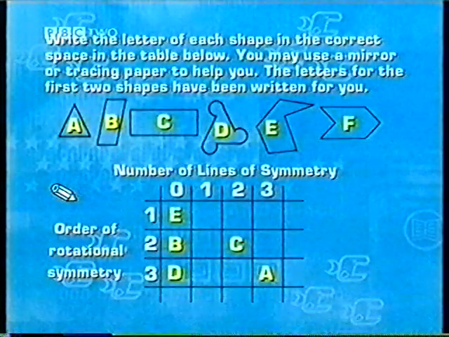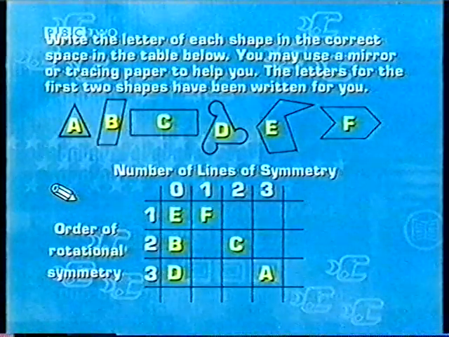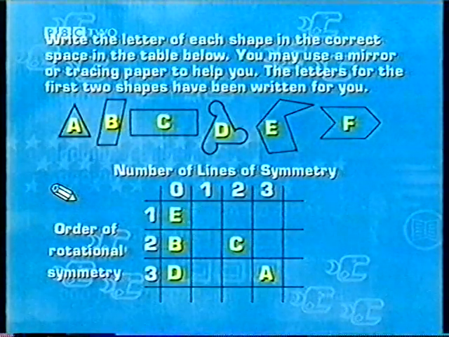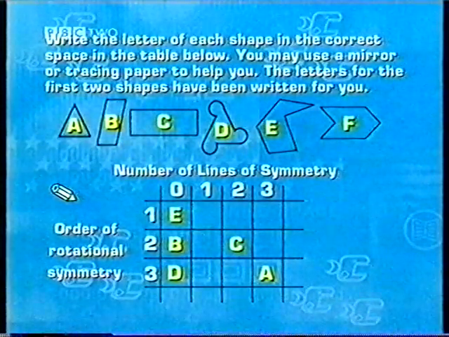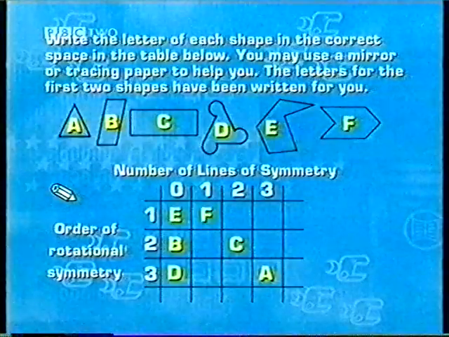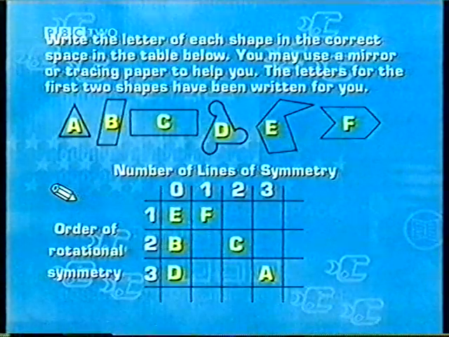So order of rotational symmetry of shape F is 1. Write F in a box under 1 on number of lines of symmetry, and a box across from 1 on order of rotational symmetry. That's here. So the final box will look like this.